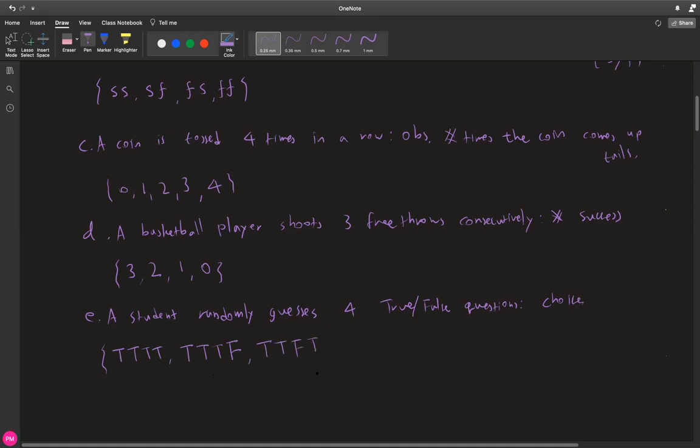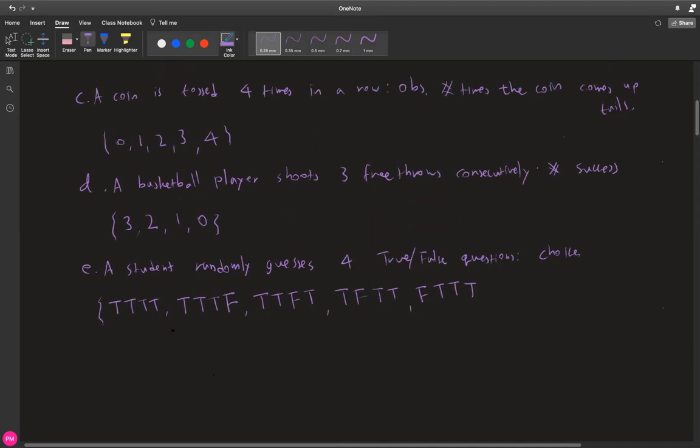And this can also happen in other positions because order matters. And the student may have chosen 2 true and 2 false.